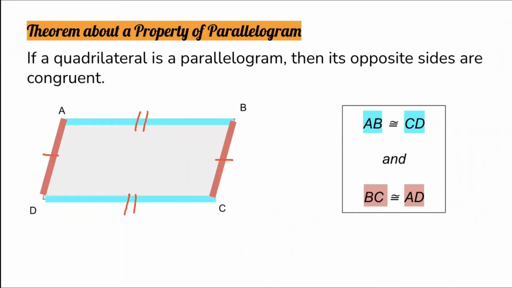So whenever we see a parallelogram, we automatically know opposite sides are going to be congruent. No matter how it's shaped, you can modify it and move it around. As long as it's still a parallelogram, its opposite sides will be congruent.